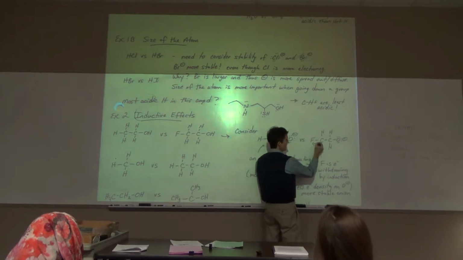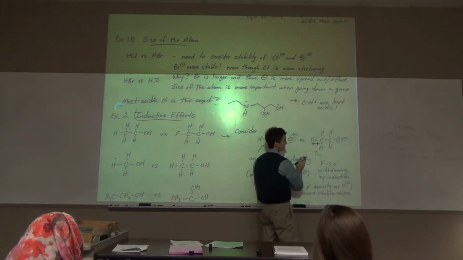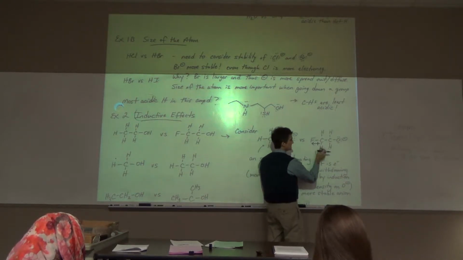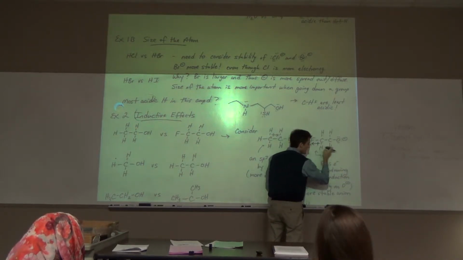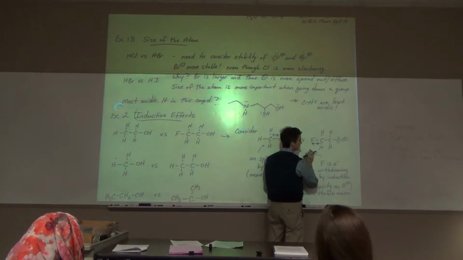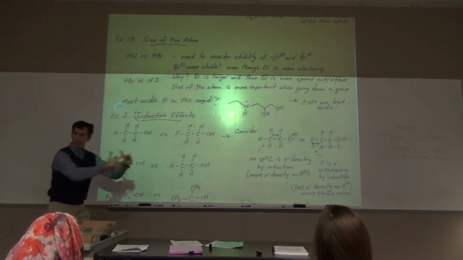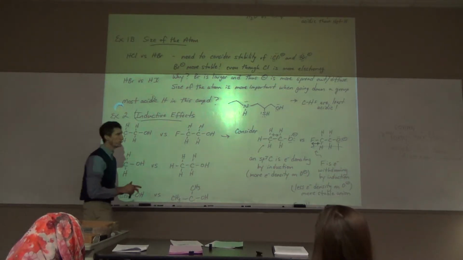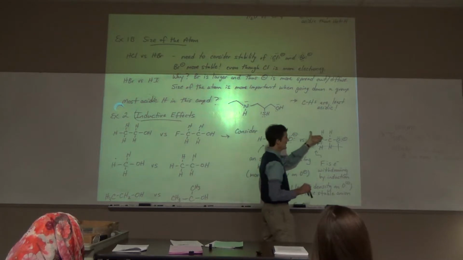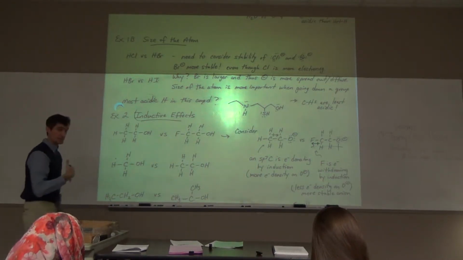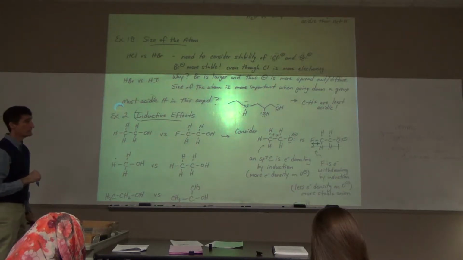Because of that, we have a dipole here and it pulls electrons. But the pulling here is felt through the entire molecule, although it sort of tails off. The fluorine's on the end there and it's pulling inductively. And when you pull through single bonds, that's called induction, or inductively.